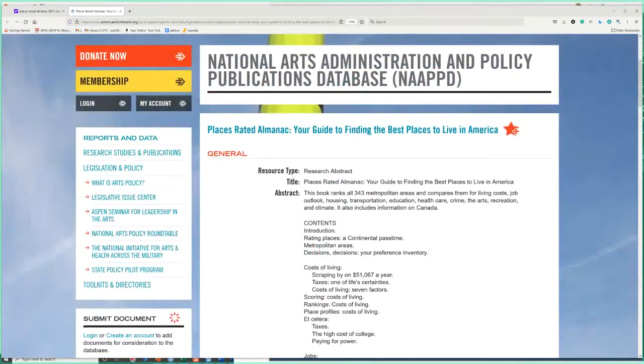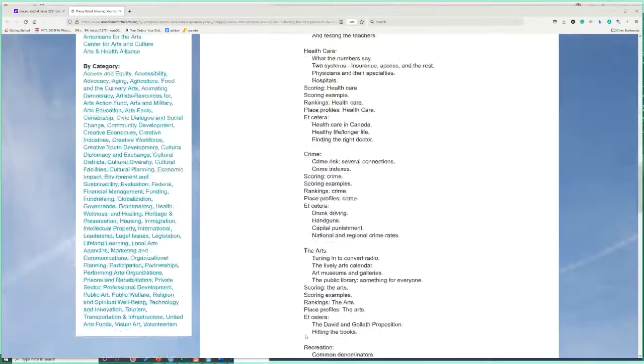They research the website Places Rated Almanac, your guide to finding the best places to live in America. You can see the data here also. Are you with me? Okay, good.